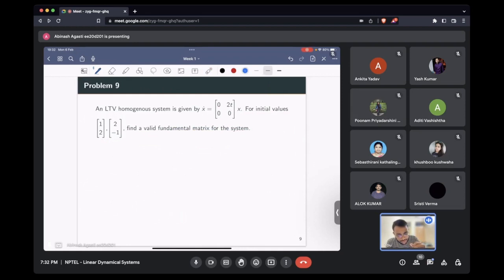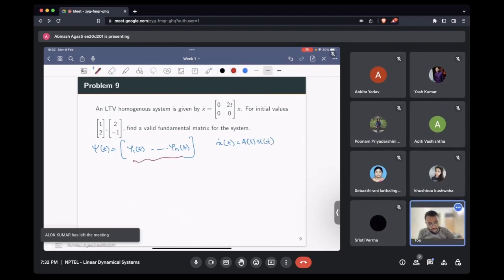First, let us understand a fundamental matrix. Psi of t, with columns psi 1 of t till psi n of t. An n cross n matrix psi of t is said to be a fundamental matrix for x dot of t equal to A of t x of t, if the n columns of psi are linearly independent.